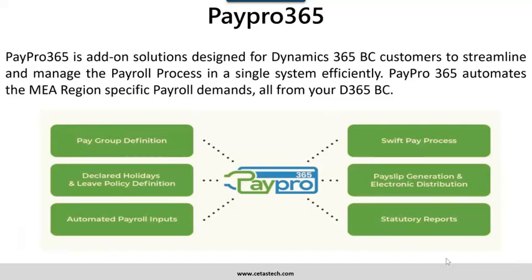The pay slips are generated, and they can be electronically distributed with password protection via email. Then it has got some statutory reports, like if you have a requirement for WPS, those can be pulled out from this particular solution of ours. Okay, next slide.